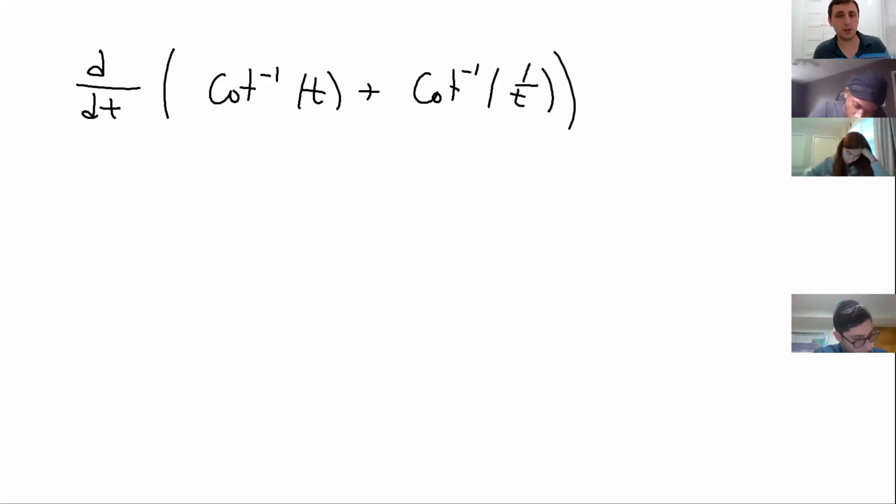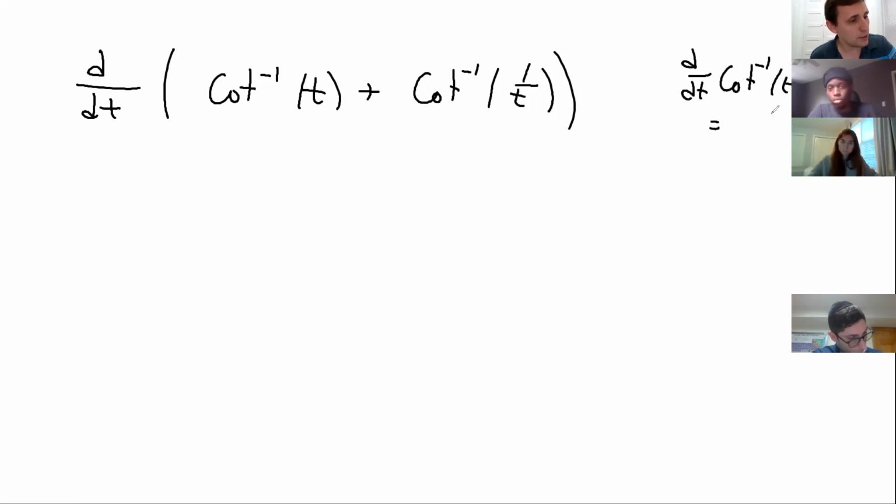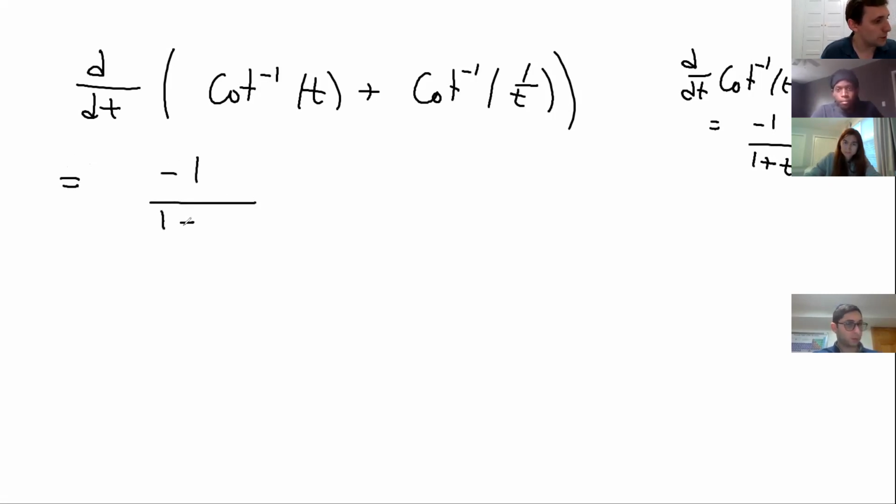All right, guys, let's do it together. So first of all, the derivative of cotangent inverse of t is equal to minus 1 over 1 plus t squared. Yeah, it's with a minus there. So the derivative here is minus 1 over 1 plus t squared plus what's going to happen when I take the derivative of the second term.